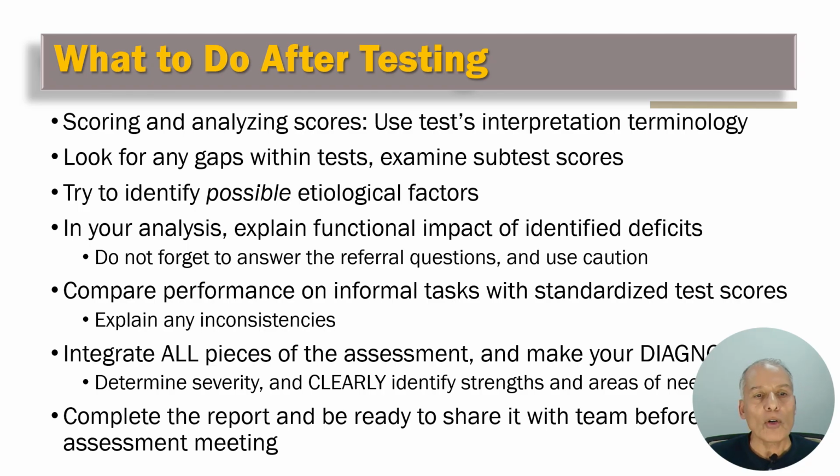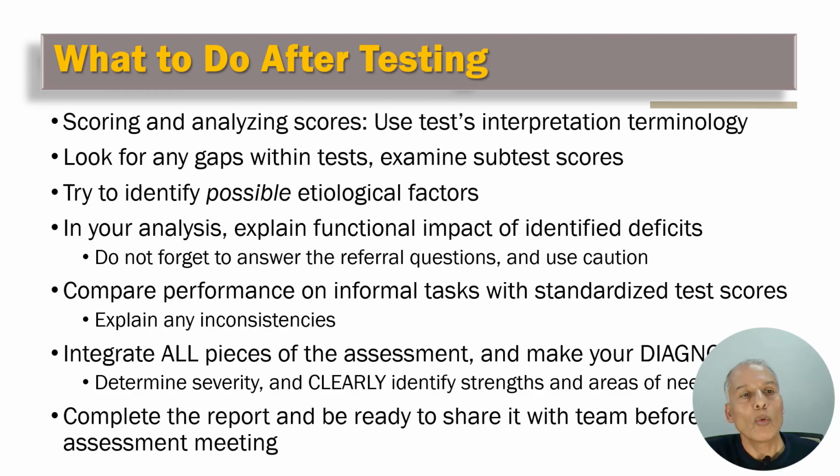So also look for any gaps, examine subtest scores, identify possible etiological factors if you can. In some cases, we have no idea, we do not know. But in some cases, when you look at test scores, you might find that, say, decreased attention can be a cause for some of the problems you observe.